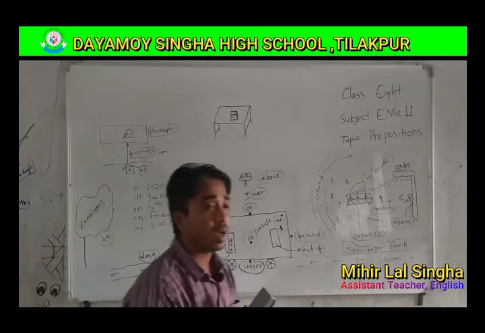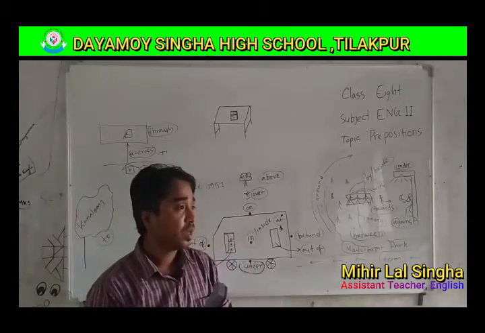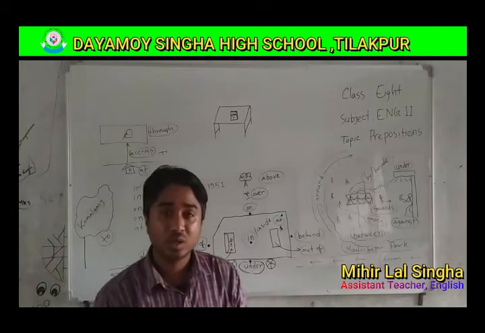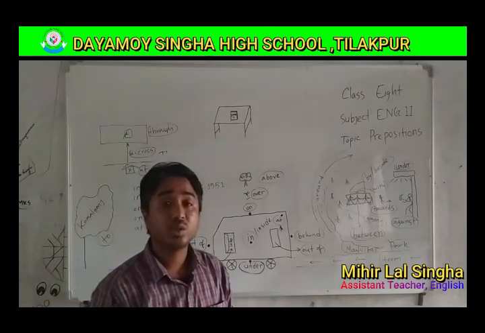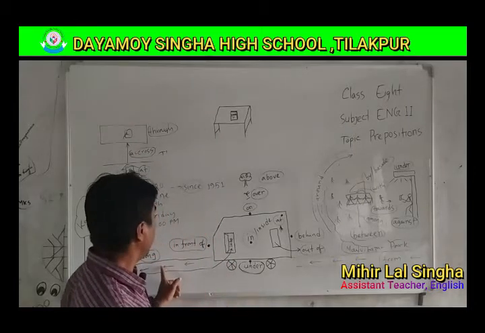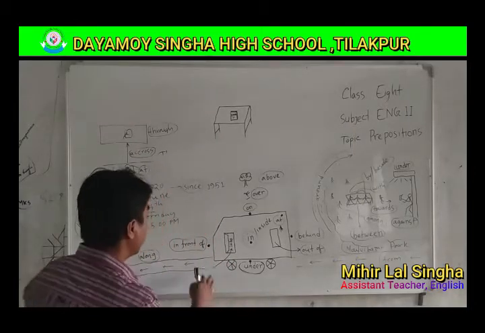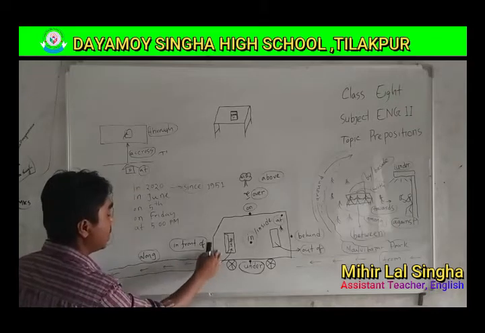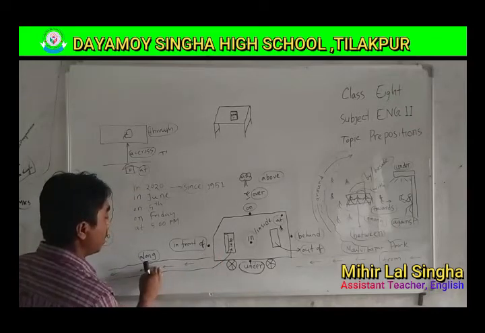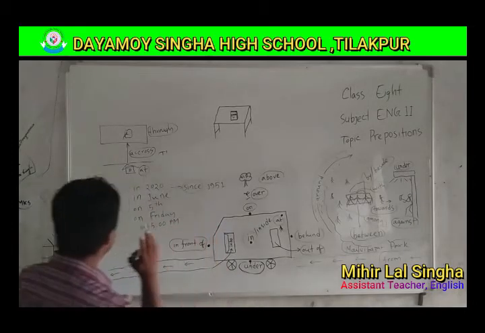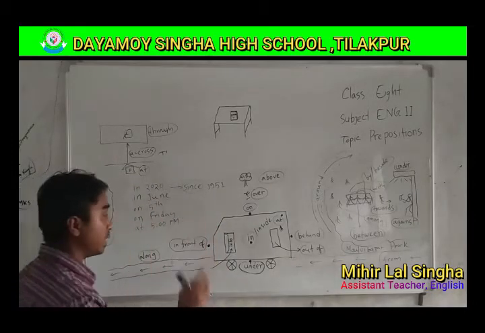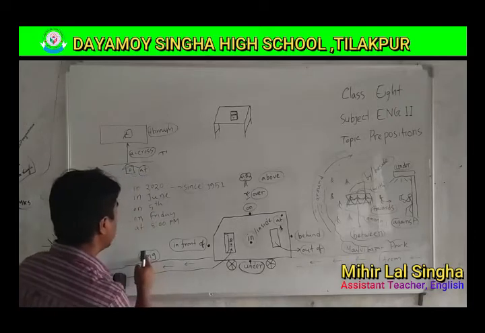So suppose you are coming to school using a certain road, then you can say you are going to school along the road. Okay, so the car has taken a certain road and it is going to Kamalganj straight away. So we can use 'along'.